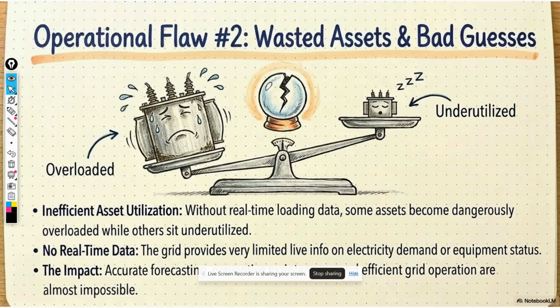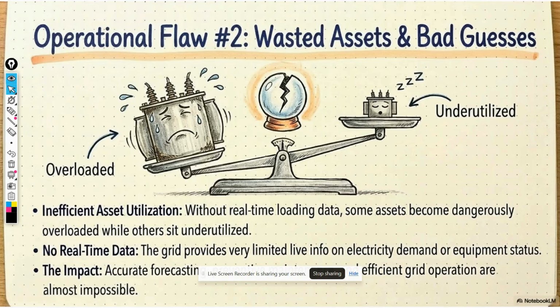They need to know current demand, then voltage, frequency, transformer loading, breaker status, equipment temperature, renewable generation, and battery status. Unfortunately, the conventional grids provide very limited real-time information. Most data are collected manually or after significant delay.